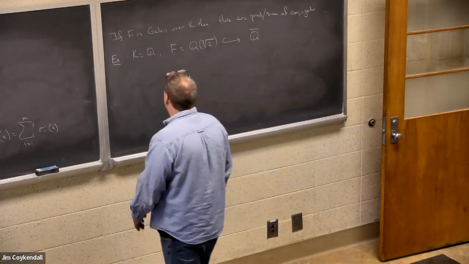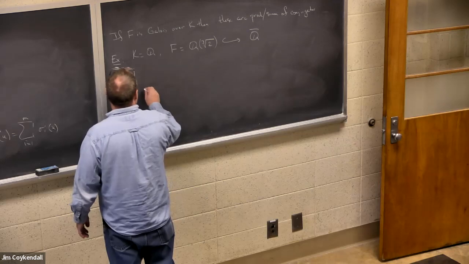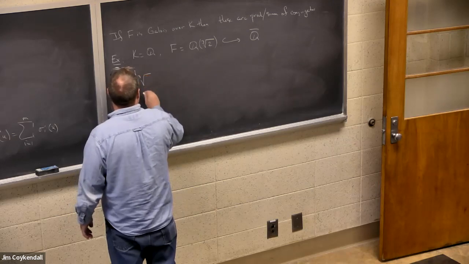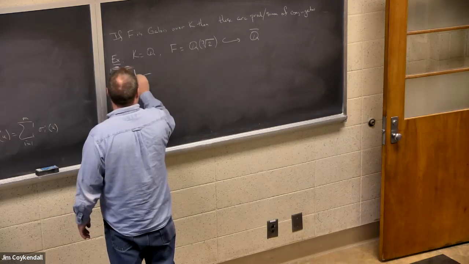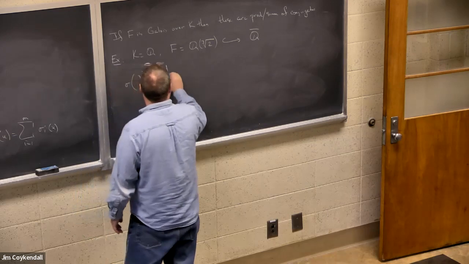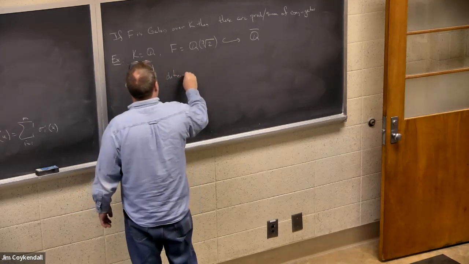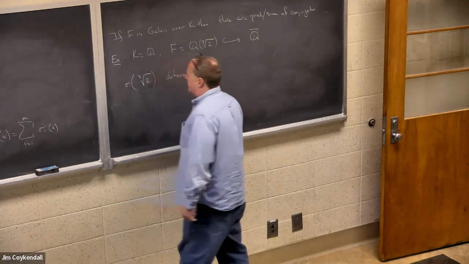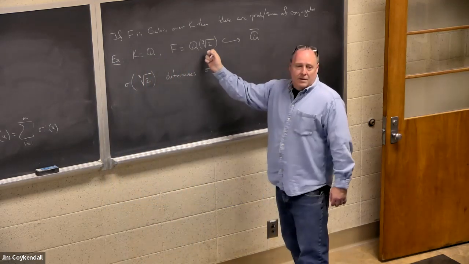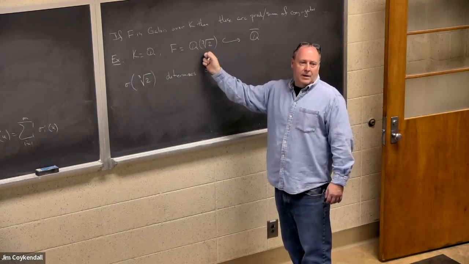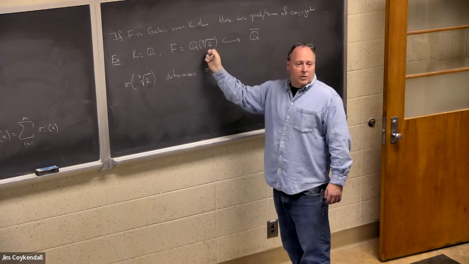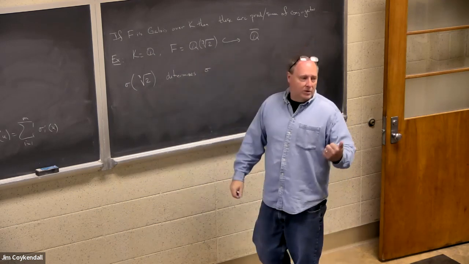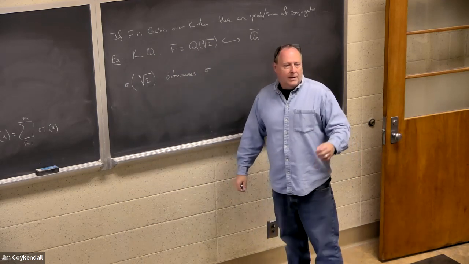Well, notice that a basis for Q cube root of 2 over Q is 1, cube root of 2, cube root of 4.